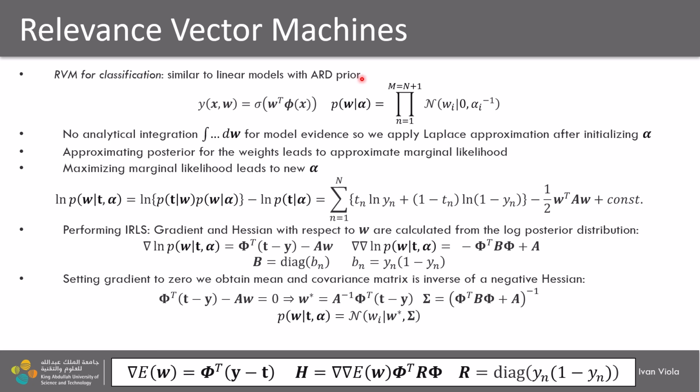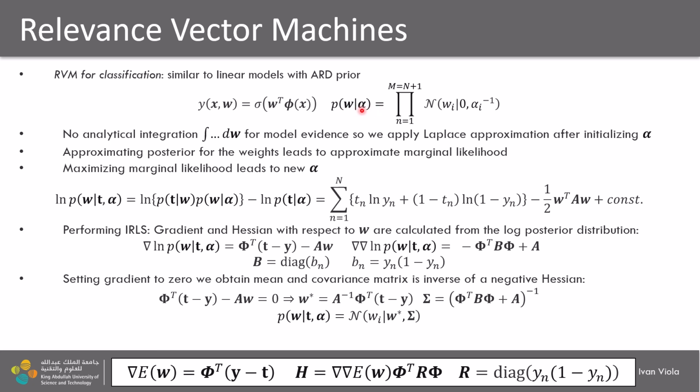So here we will define the automatic relevance determination prior in a way where our weight prior is governed by a vector of alphas instead of just one alpha characterizing the spread of our weights in this m-dimensional space.